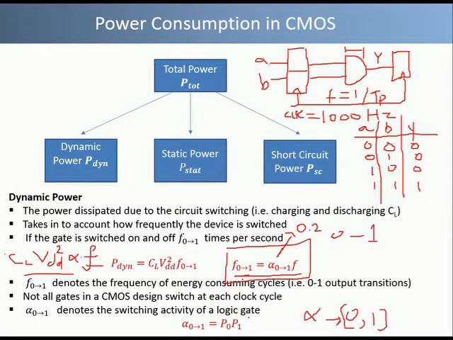Alpha is dependent on the input pattern as well as the logical operation of the circuit. For any logic gate, the activity factor alpha is equal to the probability of its output to be equal to 0 multiplied by its probability to be equal to 1. So in our discussion of CMOS combinatorial circuits, we shall again discuss this concept in detail, and we will also see some examples to compute alpha for some low complexity logics.